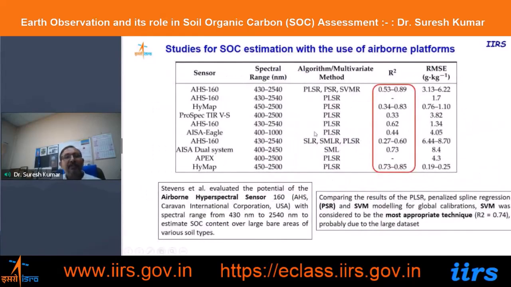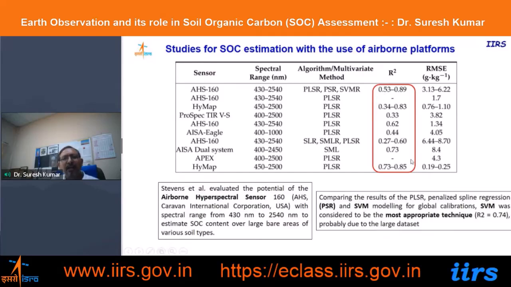Various researchers have studied soil organic carbon with airborne platforms, meaning airborne sensors, and they generally used PLSR techniques and SMLR, or multiple linear regression, or partial least squares regression.